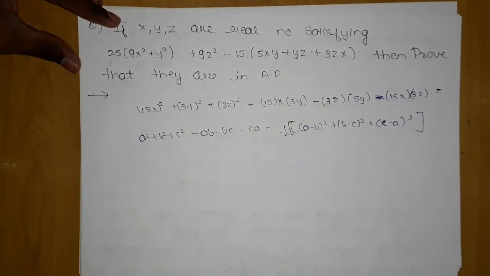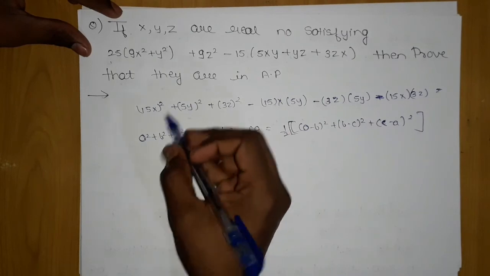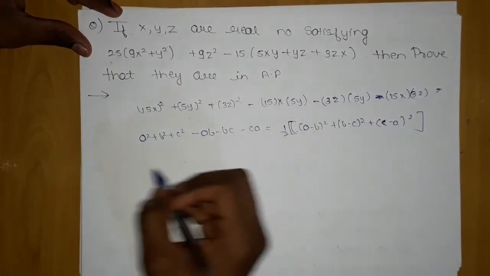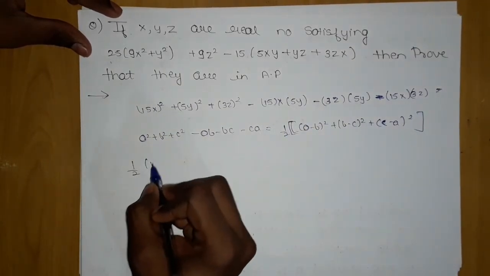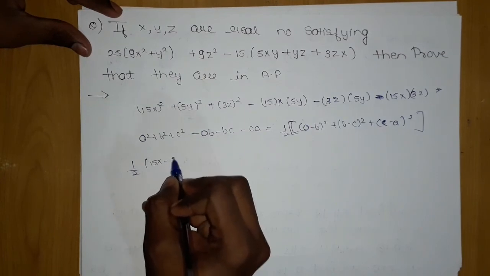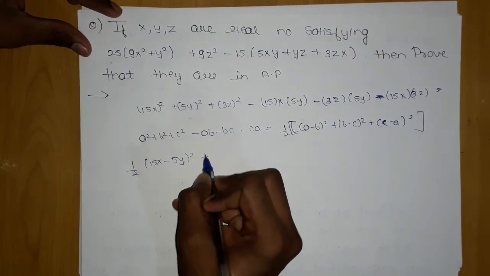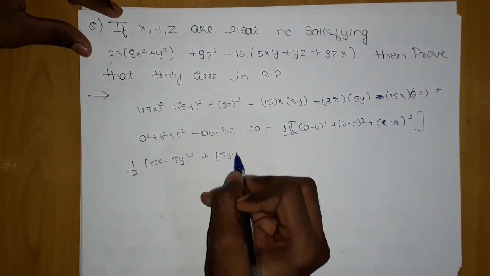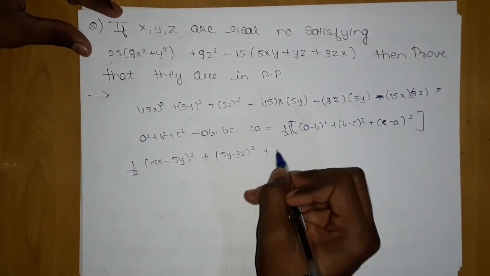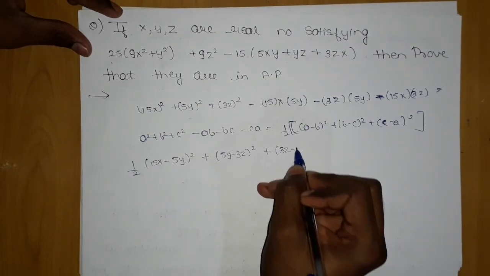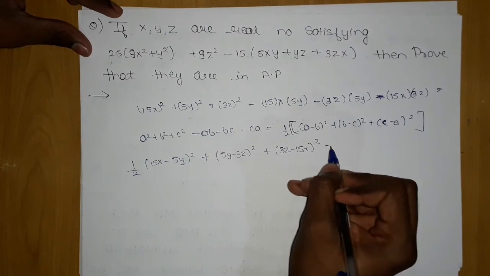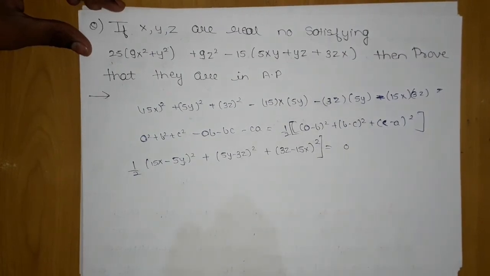Now here, don't you see, it is similar to this. So I can write 1 by 2 (15x minus 5y) the whole square, similarly (5y minus 3z) the whole square, similarly (3z minus 15x) the whole square, should be equal to 0.